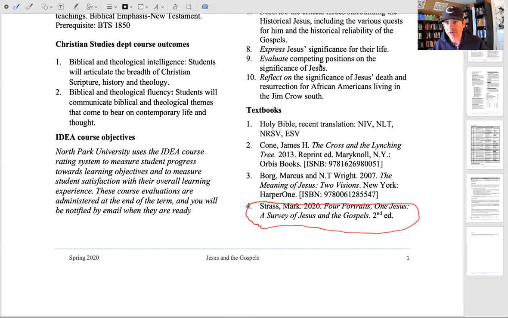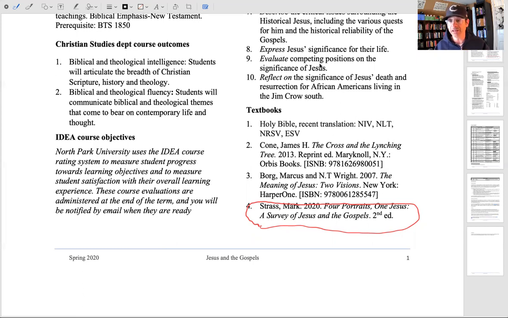So, just say chapter 10, its topic will be the topic of the week when chapter 10 is read. So you need the other two, but by far and away, you need this fourth textbook, the Four Portraits, One Jesus, and you need to get it immediately.